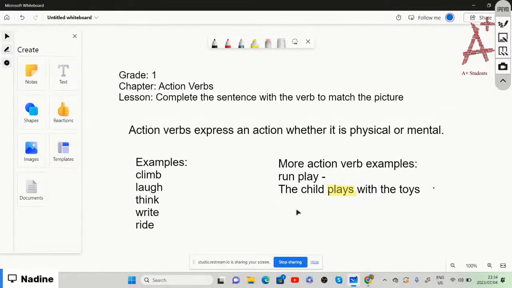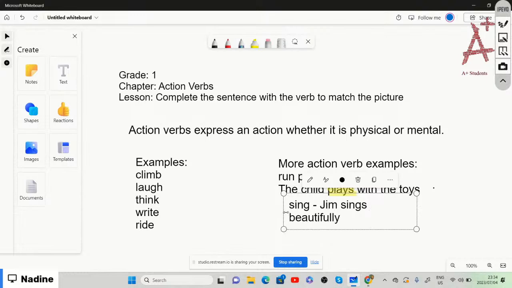All right, let's think of another one. Let's go with sing. Remember, sing is also an action verb. It's something that you're doing. So we can say, Jim sings beautifully, right?